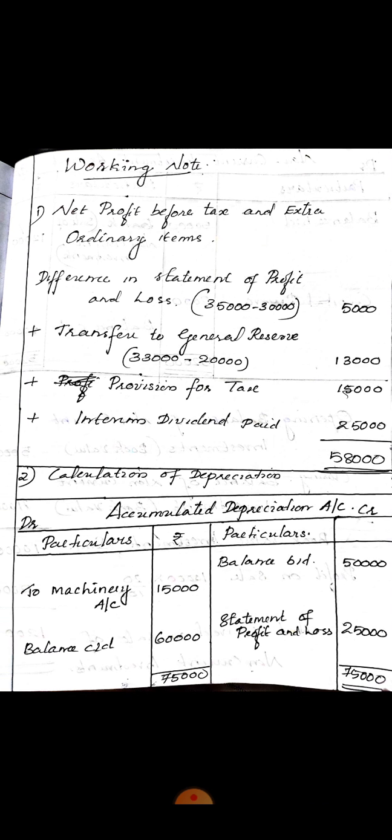Then debit side to machinery account, that is the accumulated depreciation of asset sold. Accumulated depreciation account is debited with closing balance and accumulated depreciation of assets sold, and credited with opening balance. Balancing figure rupees 25,000 is the depreciation charged to profit and loss account.